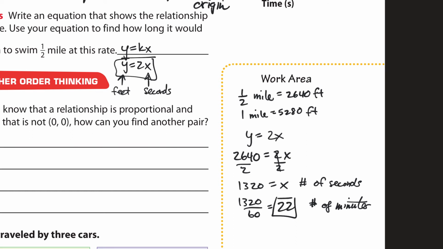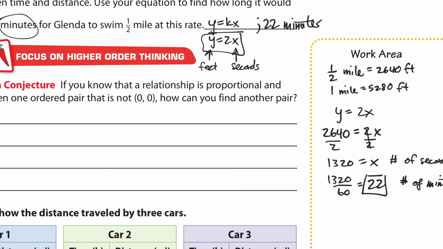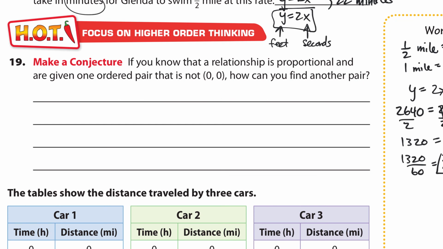And that's it. Whew. So 22 minutes. Wow, that was a lot right there. Now let's get to the hot questions. Make a conjecture. If you know that a relationship is proportional and are given one ordered pair that is not (0, 0), how can you find another ordered pair?